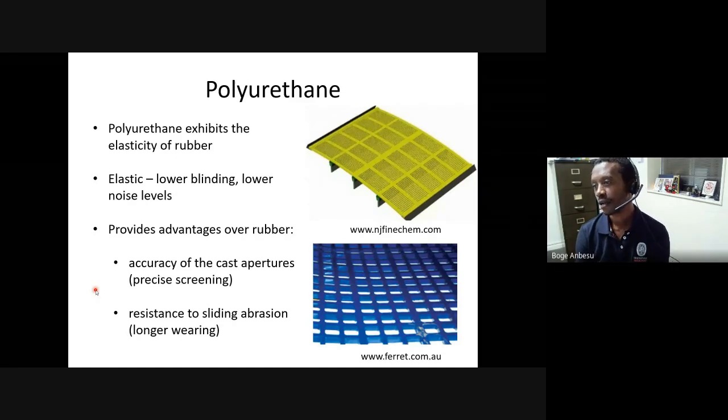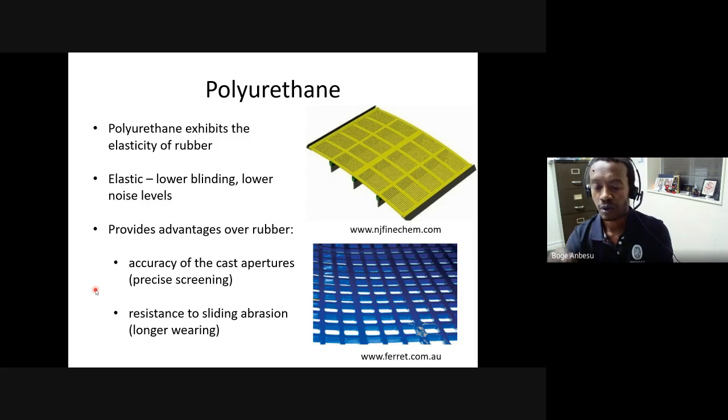So here, what we're trying to say is, let's compare something that's made from a metal and something that's made from polyurethane. If something is made from metal, it's very rigid, especially, let's say, something made from a thick woven wire.